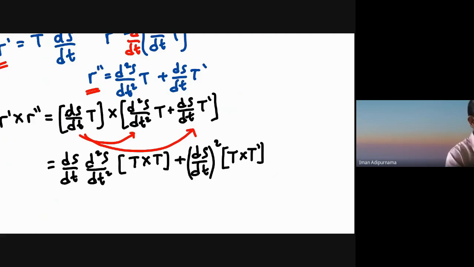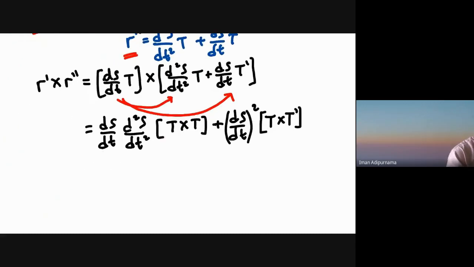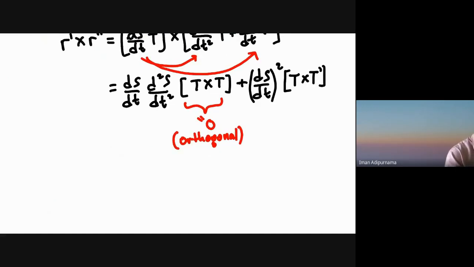Okay. Now these terms, no, actually these terms will be 0 because it's orthogonal. Maybe I'm using a different color to see. So this whole unit tangent vector is 1, right?